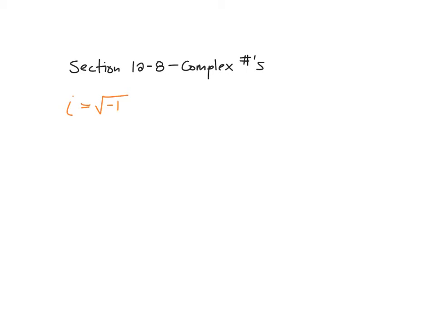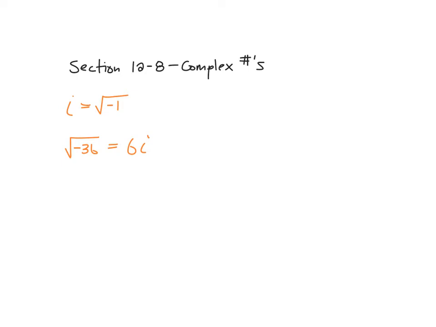So with this, what we can say now is, if I have the square root of -36, that is actually equal to 6i, because the square root of 36 is 6, and the square root of -1 is i.